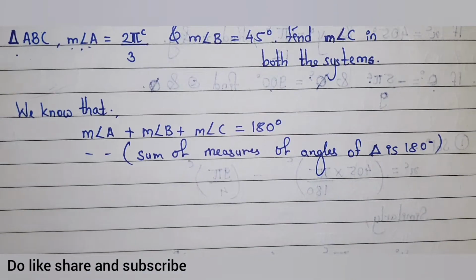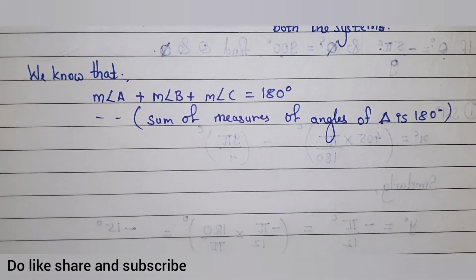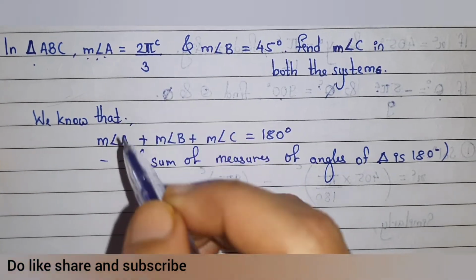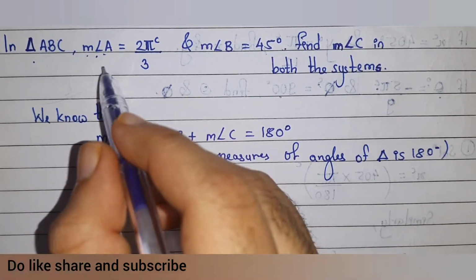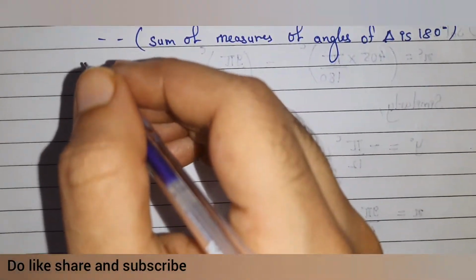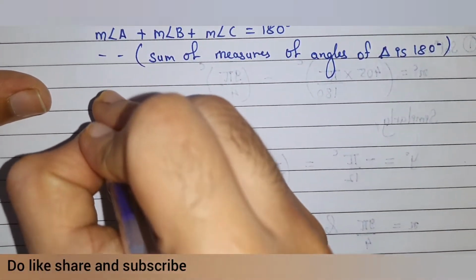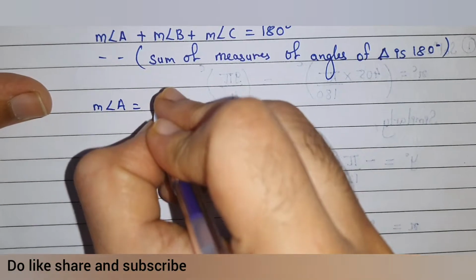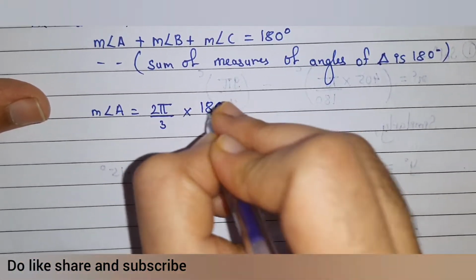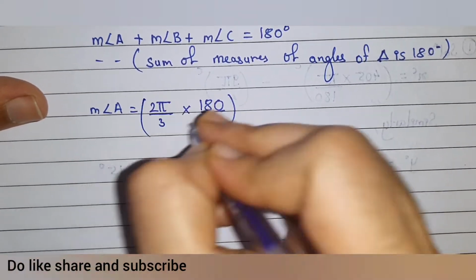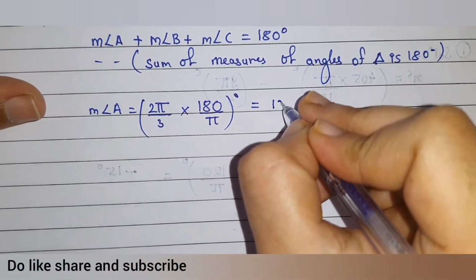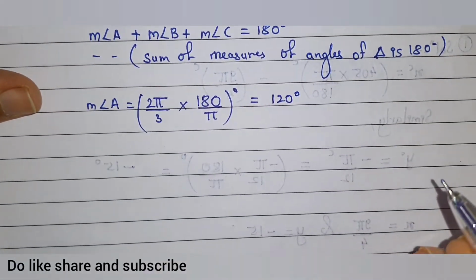Now substitute the values, but before substituting, here this angle is given in radian, so we have to convert this measure of angle A in degrees. So we have measure of angle A is equal to 2 pi by 3 into 180 by pi degrees, that is equal to 120 degrees.